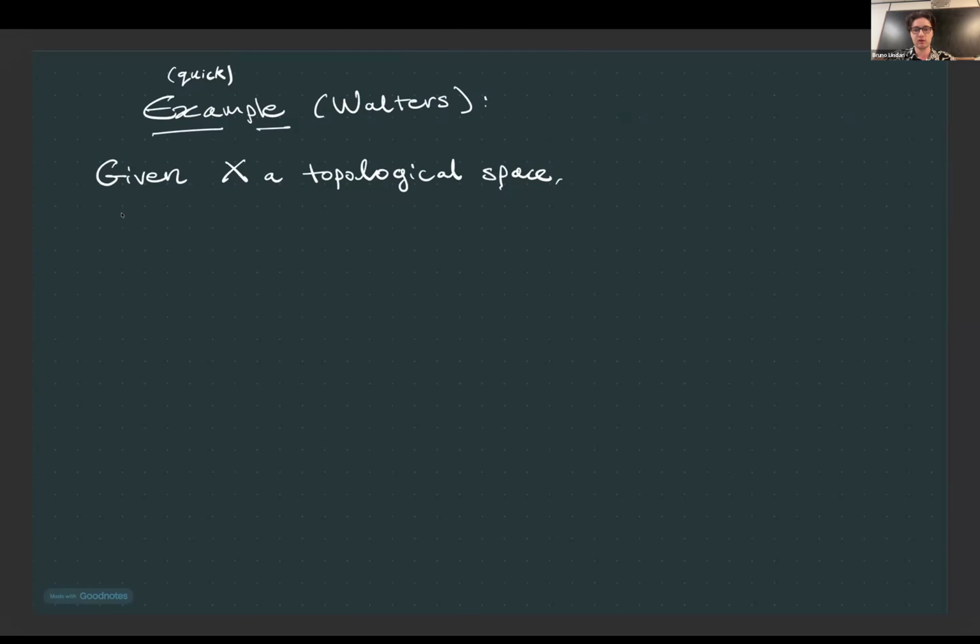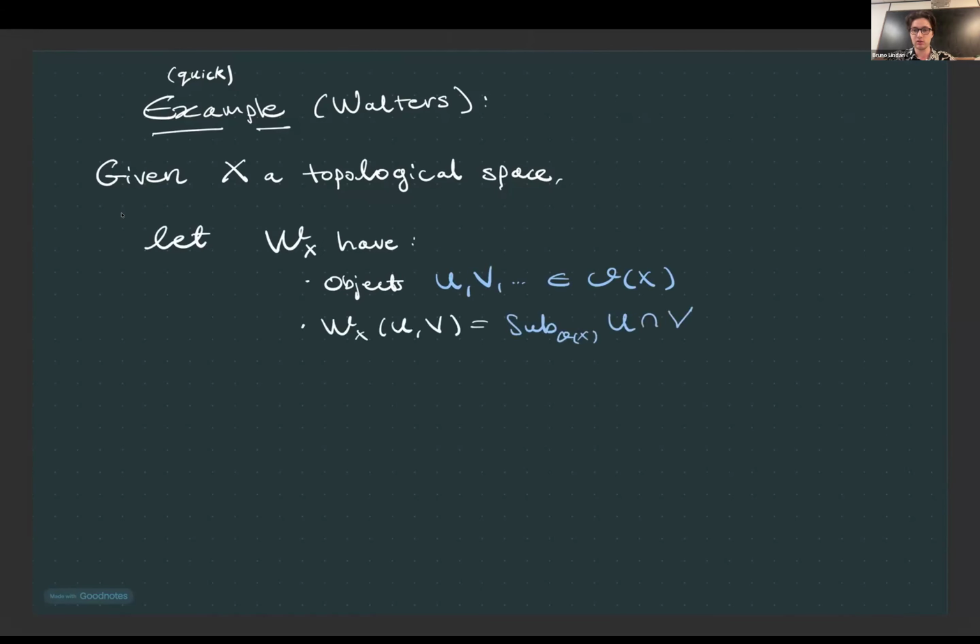The idea is that taking a topological space X, I can construct a bi-category whose objects are the open sets of X and whose hom categories are the posets of subobjects of intersections. Again, I said these things generally look a bit like relations. If you like, you can think about this as relations between U and V. These are subobjects of the product in this poset.